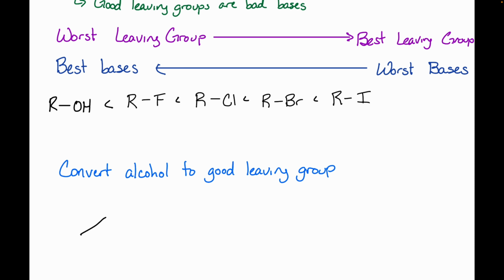All right, one of the ways that we could do it is by converting it first to an alkyl halide. We talked about that last chapter, but there's another one that we sort of lump in this same discussion here. And this is what's called tosyl chloride. You'll see this abbreviated as TsCl.